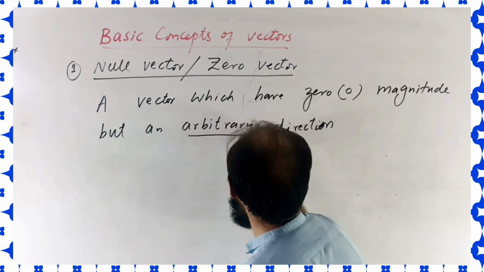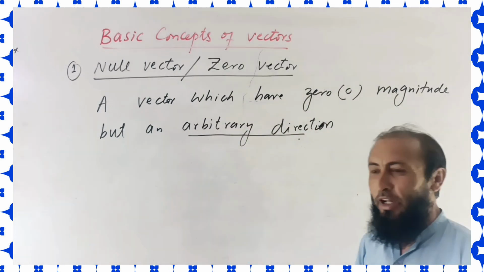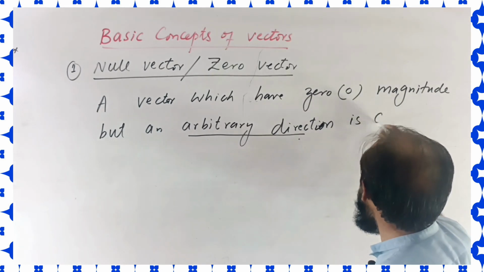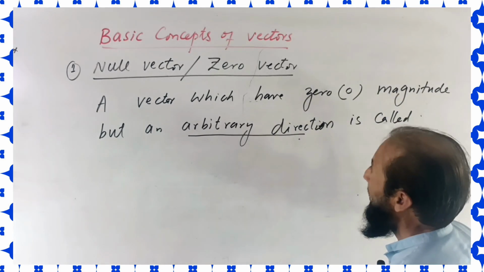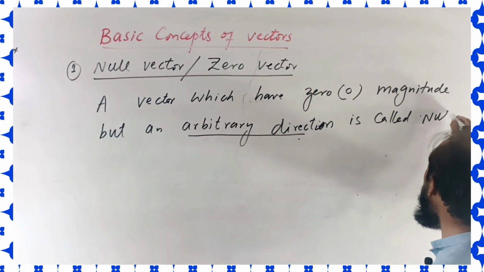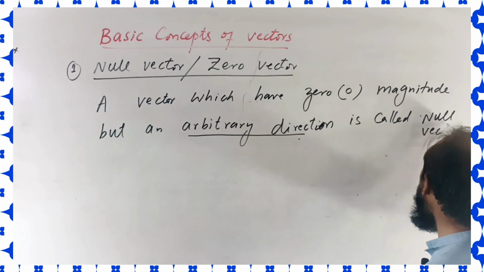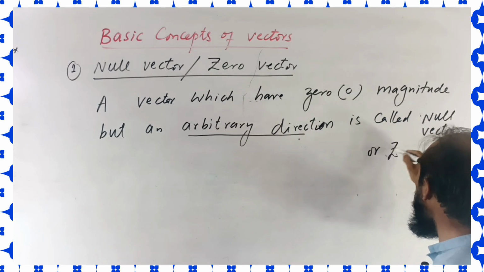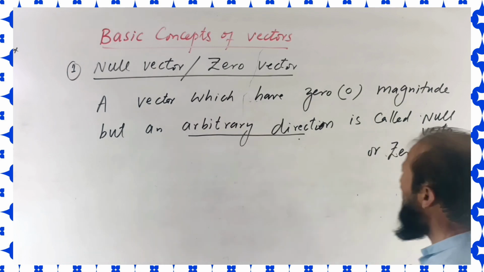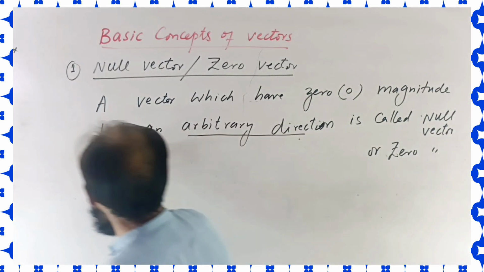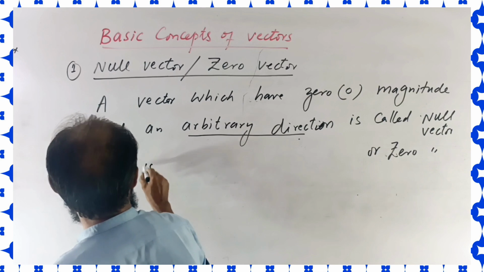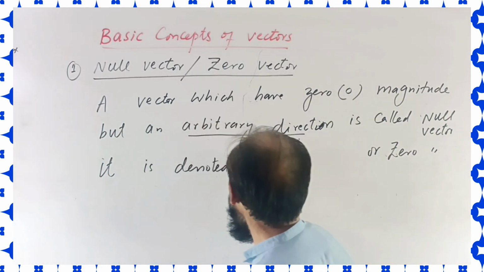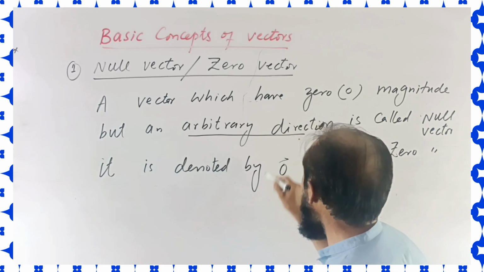Arbitrary direction means that here they have no direction. It is denoted by 0.